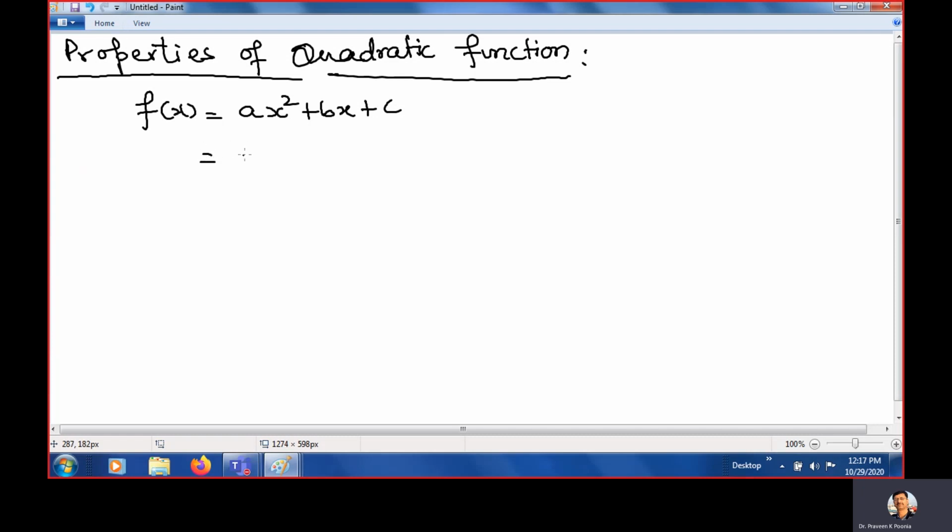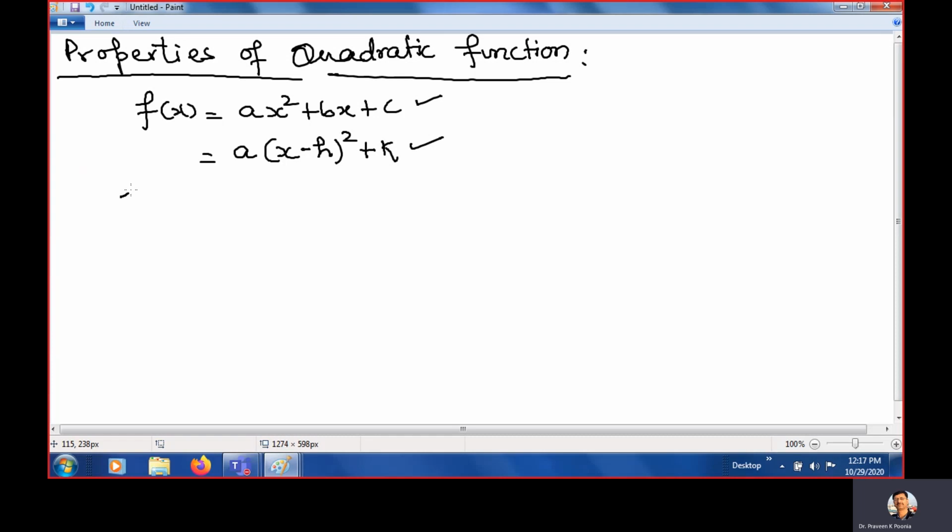Clear? You need to remember that this quadratic function may be written as a(x minus h) whole square plus k. This is the given form. This is what we are reducing to: a(x minus h) whole square plus k.